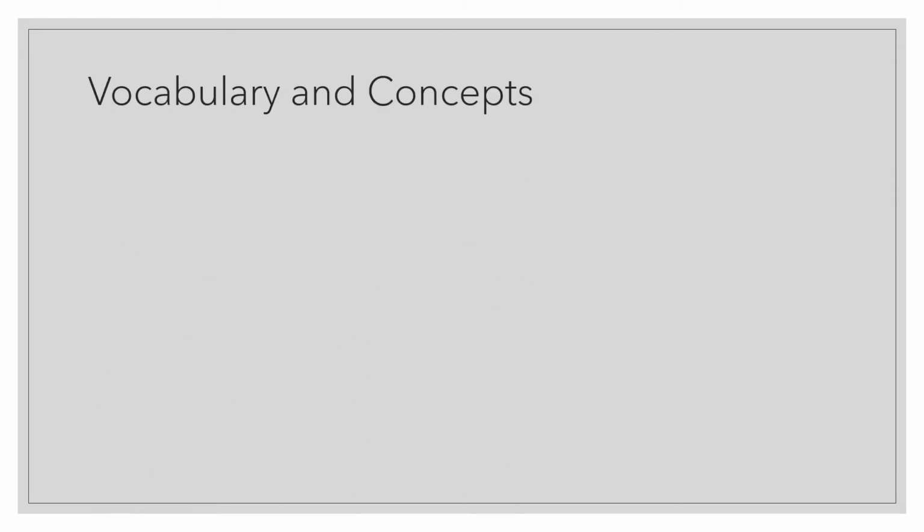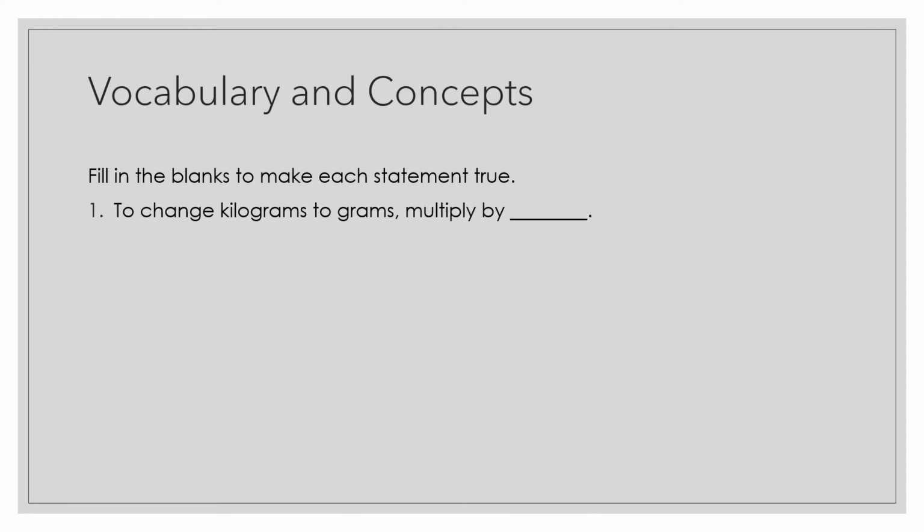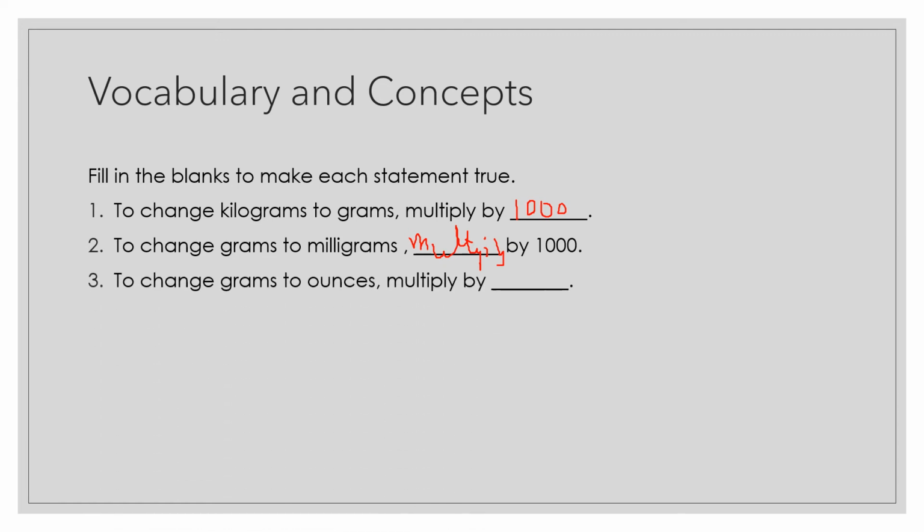Okay, let's continue. We have vocabulary and concepts. Fill in the blanks to make the statement true. Number 1, to change kilograms to grams, multiply by 1,000. Next, to change grams to milligrams, multiply by 1,000. To change grams to ounces, multiply by 0.035.